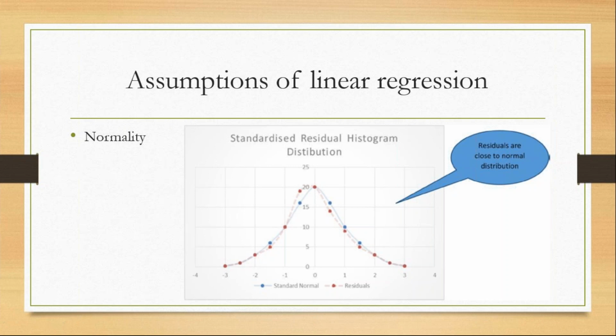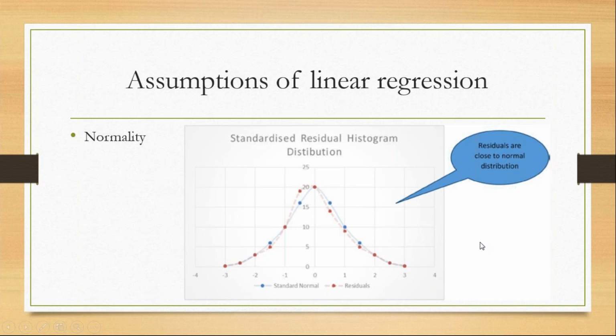All my errors should be concentrated near zero, and as the value goes up or goes down, the magnitude of the error should also go up or down. So it should resemble a normal curve: normality of error, normality of all the residuals.